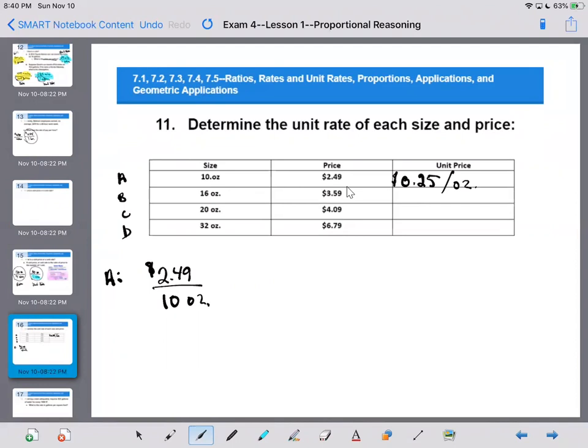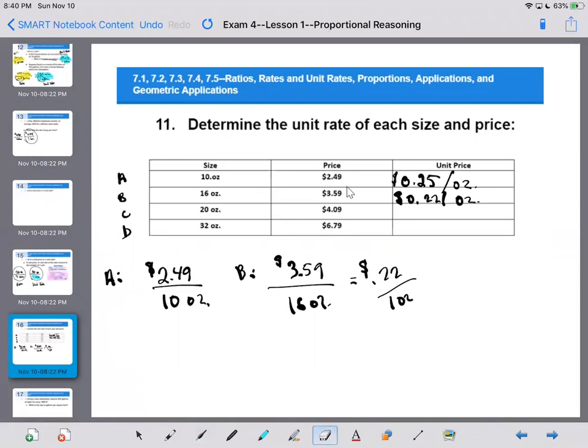Part B, you have $3.59, and we're going to divide that by 16. So $3.59 divided by 16 ounces, and you're going to get about 22 cents per 1 ounce. And that should be more of a slash as part of your unit rate.